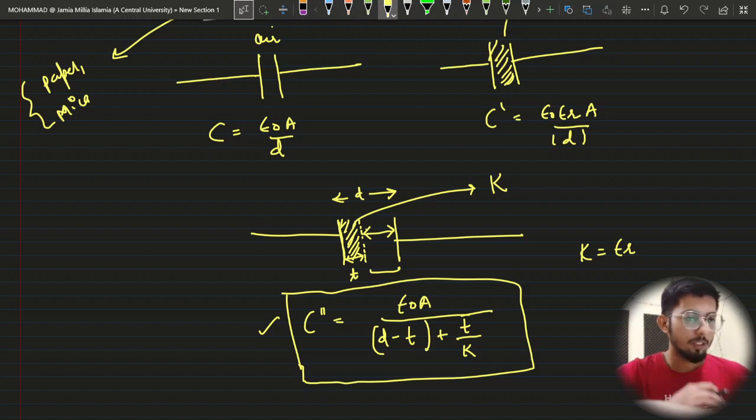Many places in motors, submersible motors, pumps, you find it. So this is it, I think.